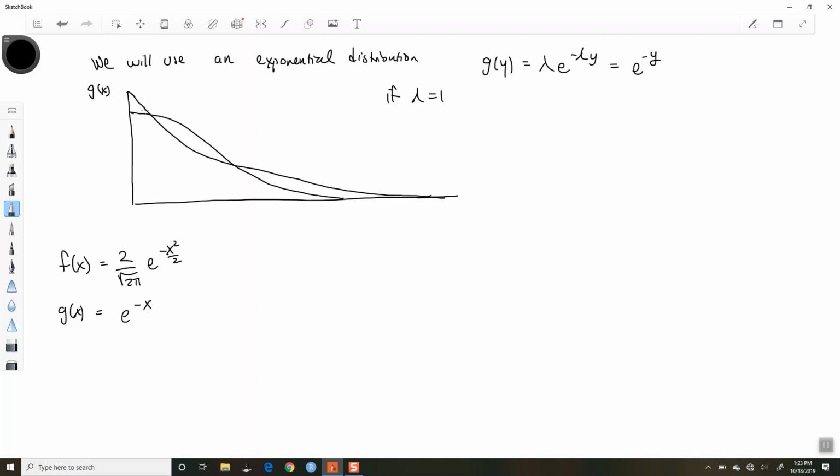Okay, so what I'm going to do is I want g of x to act as an envelope around f of x. So I have to scale up g of x so that m times g of x is always going to be greater than f of x in all places. Okay, so we want m times g of x to be greater than or equal to f of x for all x.